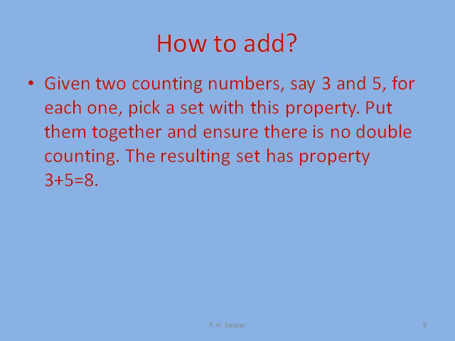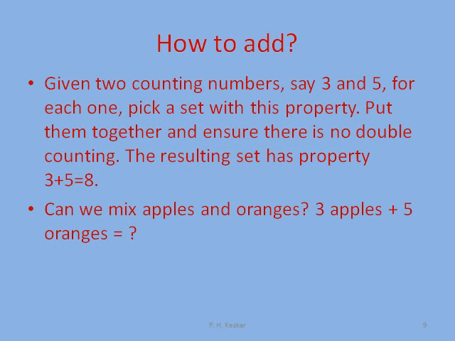You put them together and only ensure that there is no double counting. As soon as that is ensured, the property of the resulting set, that means the counting number of that set, will be 8. So that is 3 plus 5 equal to 8.